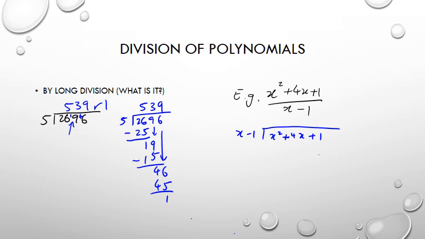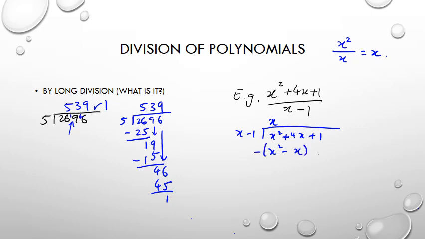Now, the main difference is you would look at the x's and match it up. So x goes into x squared how many times? That's what you would think. If that's too complicated for you to think about, just write x squared divided by x, and put it on the top. And then we multiply it like we did on the left here. So x times x minus 1 gives you x squared minus x, and then you subtract it.